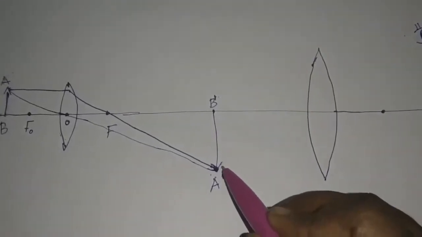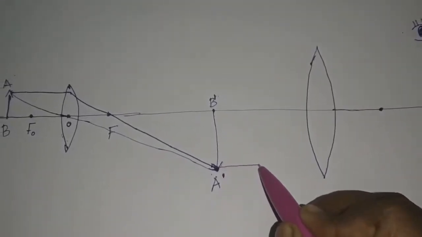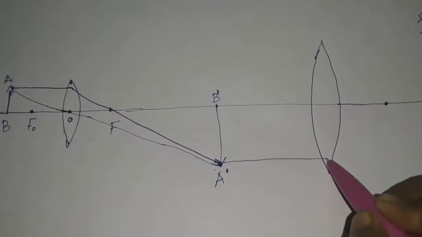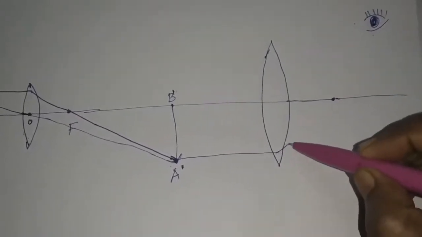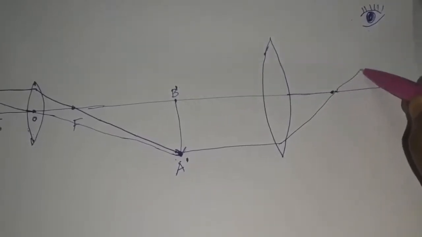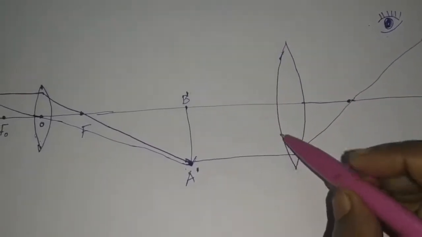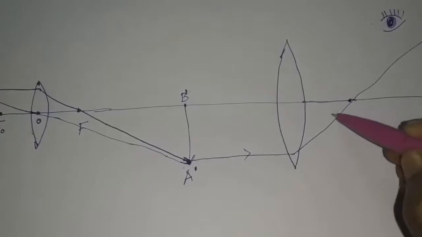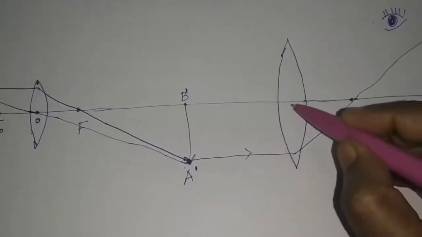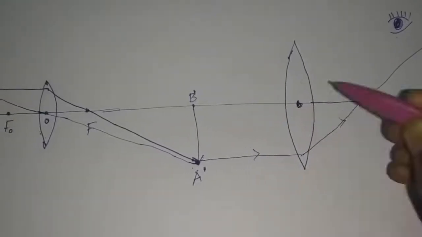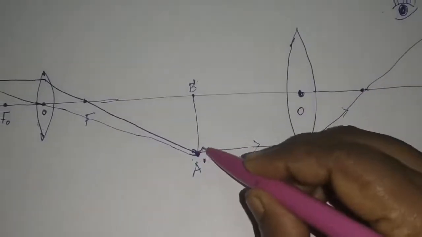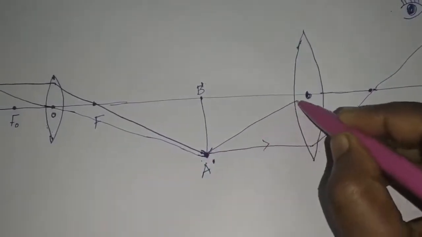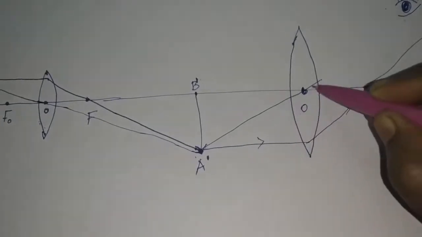For ray 1, the ray which is parallel to the principal axis, after refraction will go through the principal focus, and for the second ray, the ray which goes through the optic center O goes on without any deviation.